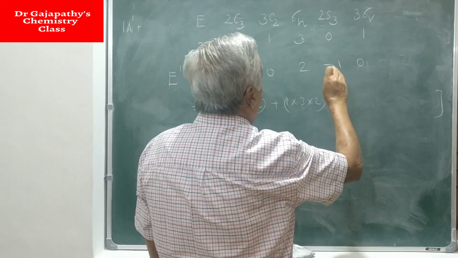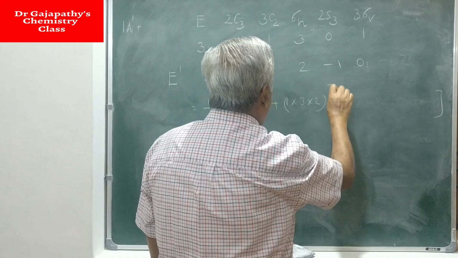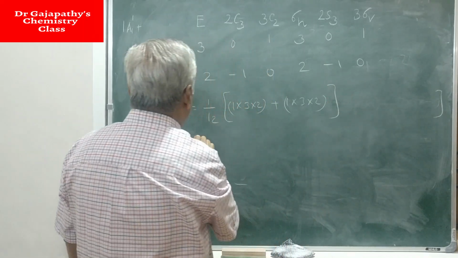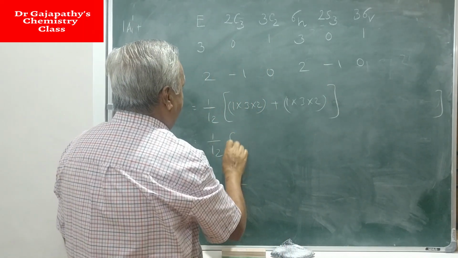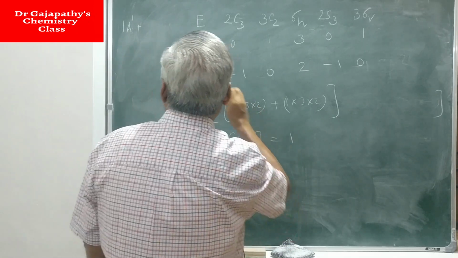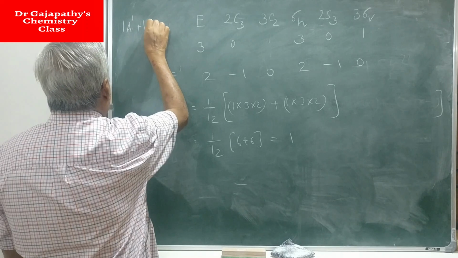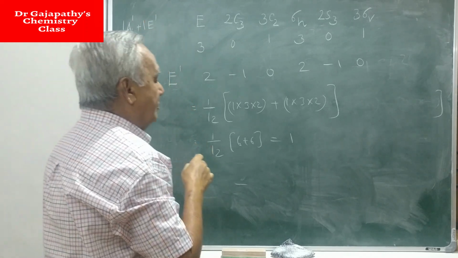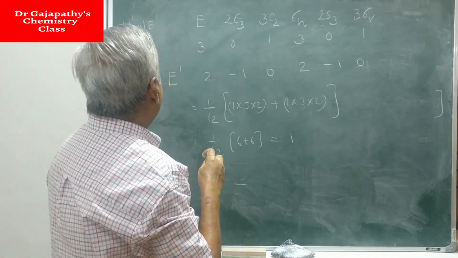This again is 0. So that is equal to 1 by 12 into 6 plus 6, equal to 1. So this contains 1 E prime: 1 A1 prime and 1 E prime.